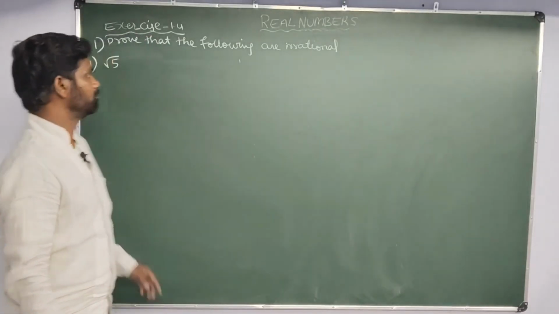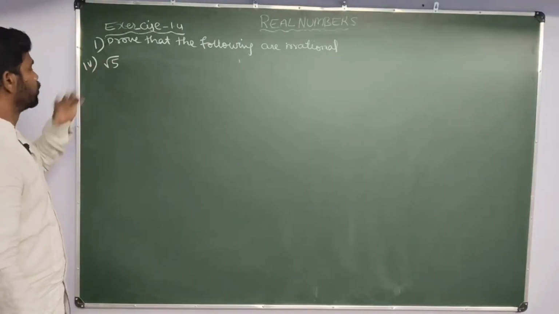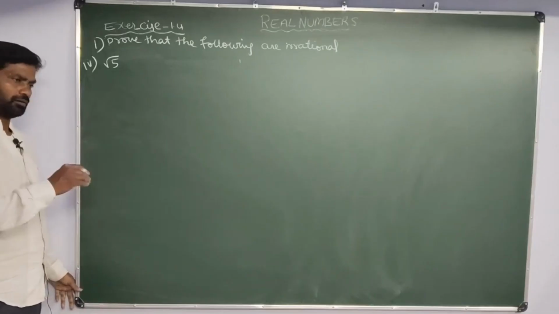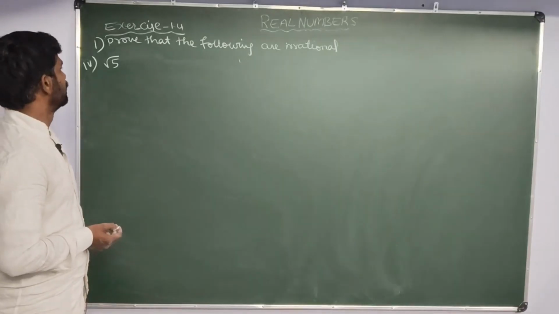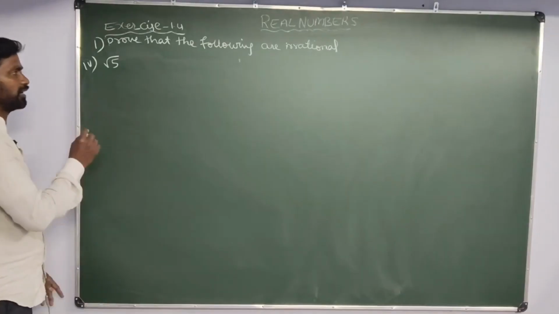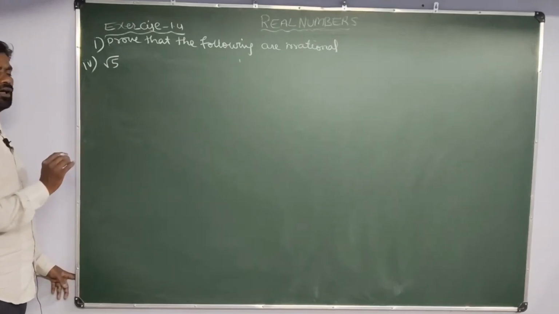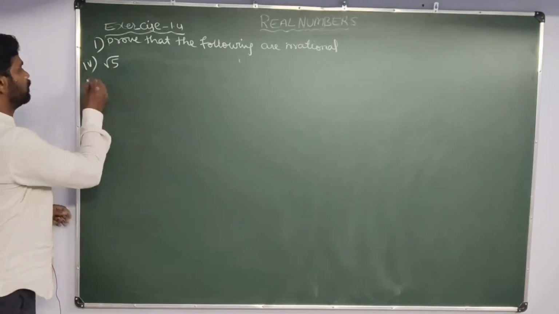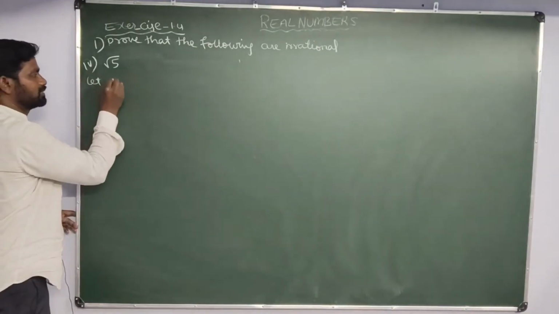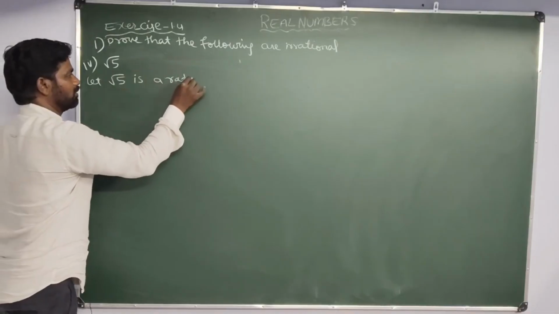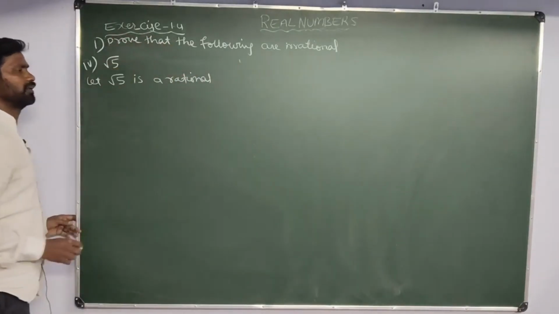Next, fourth question. Prove that root 5 is irrational. Already we know that root 5 is irrational, but once again we have to prove it. So let us go in an indirect way. Let us consider root 5 to be a rational number.